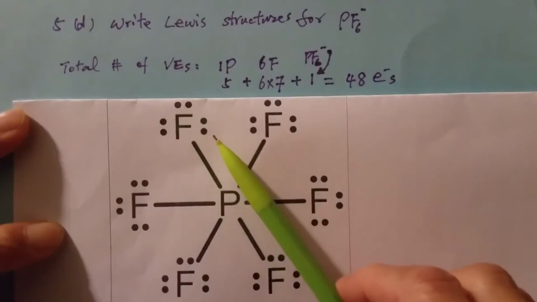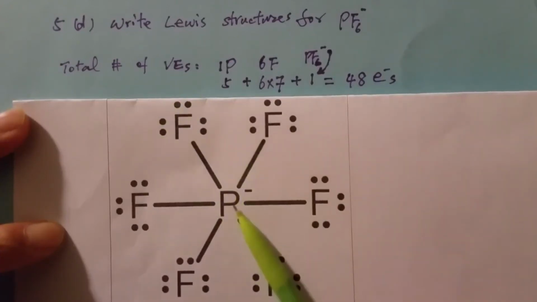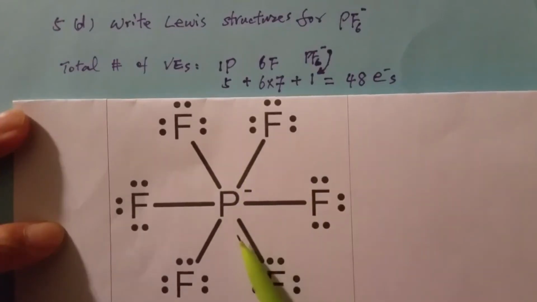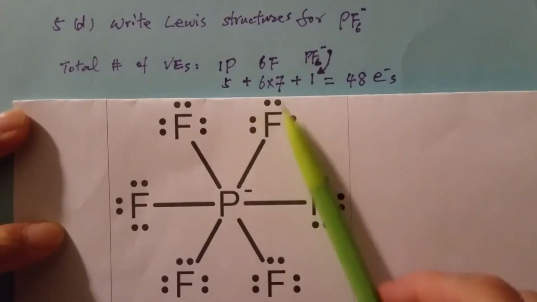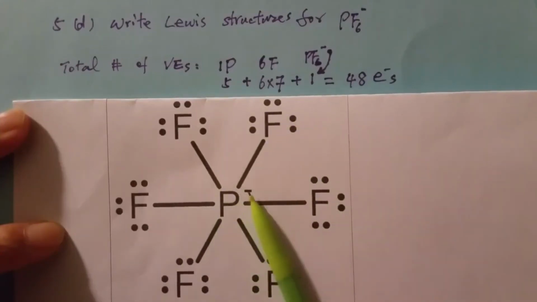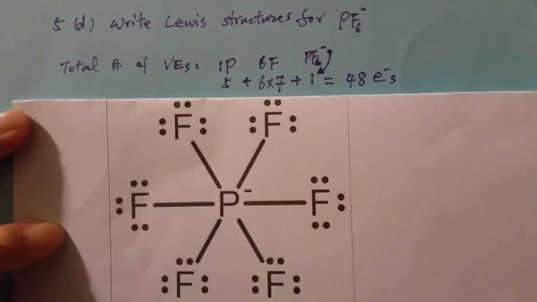That's the electron density, you can say, 8 per atom. But for phosphorus, how many? You have 1 bond, 2, 3, 4, 5, 6 bonds, so 12 electrons surrounding phosphorus versus 8 electrons surrounding each fluorine. Obviously there's more electron density right here, so we place that negative charge right here in the center.